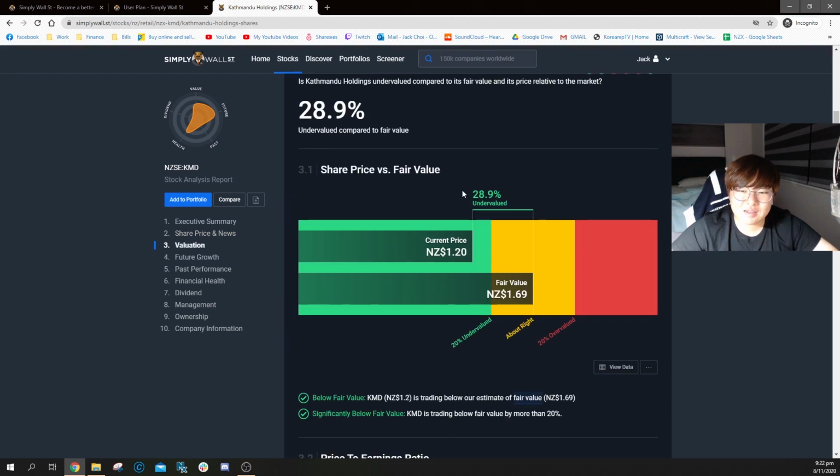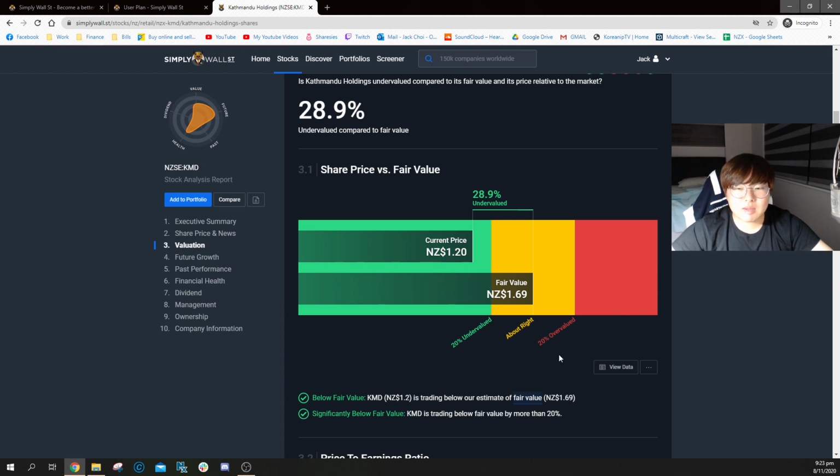So this is the thing that trips up a lot of people. I try not to put too much thought into this because this is what the current market price is, and this is what Simply Wall Street thinks the company should be valued at this point in time. Looking at the numbers, they probably have some kind of algorithms to smash up all the numbers they have in the financial report to come up with a metric of whether it is worth this or that, and it probably uses a bunch of PE, PEG, PB ratios, a lot of things, and dividends, the revenue trend.